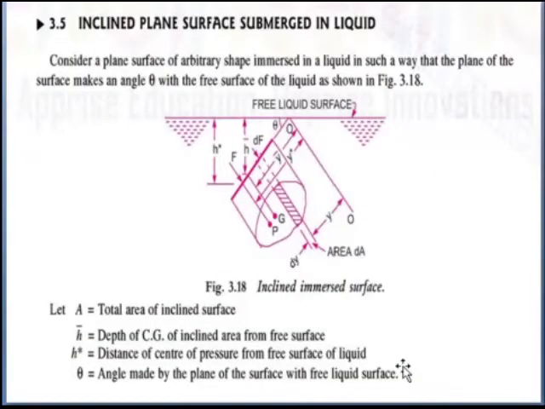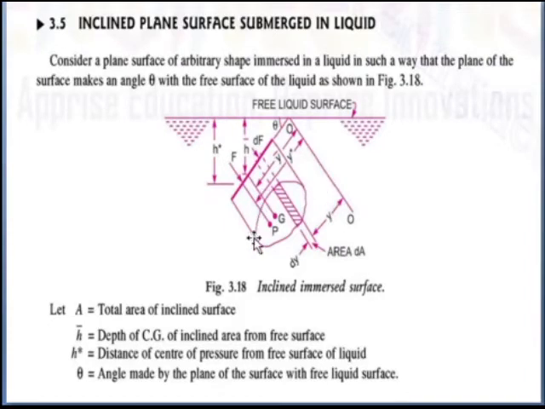Next we will see the inclined plane surface immersed in the liquid. First consider a plane surface of arbitrary shape immersed in the liquid in such a way that the plane of the surface makes an angle theta with the free surface of the liquid.